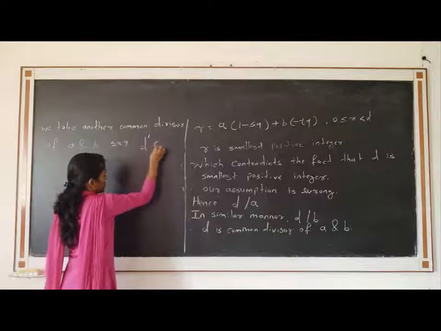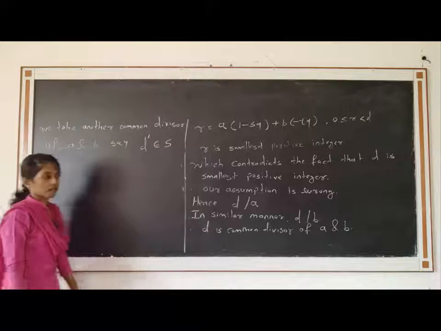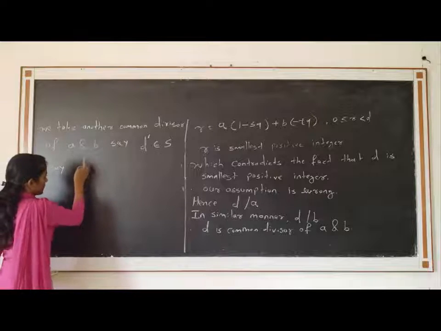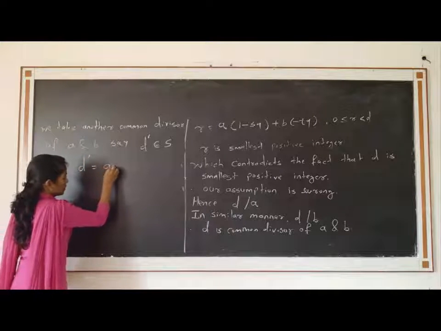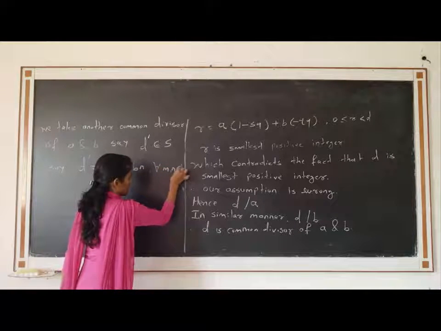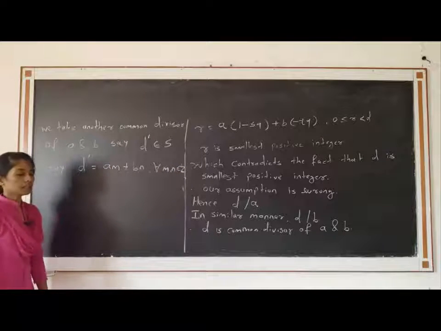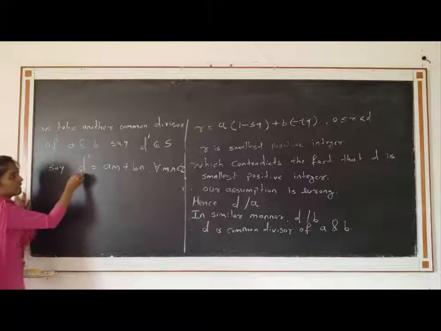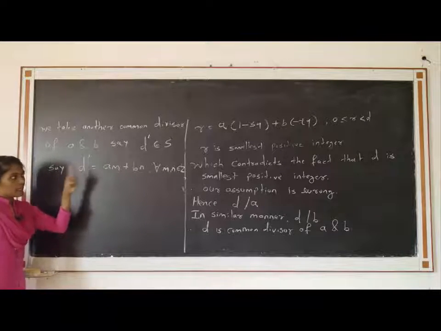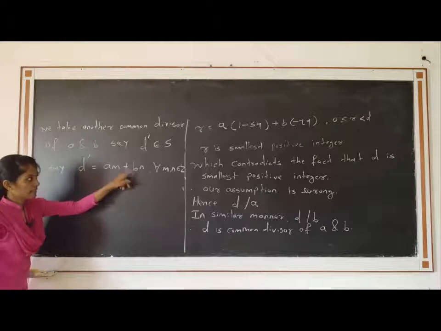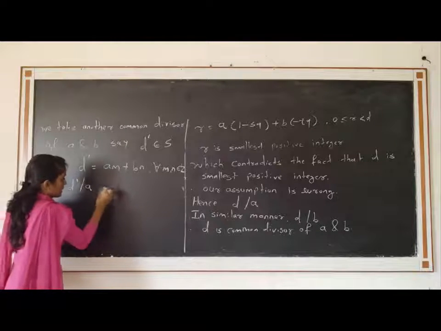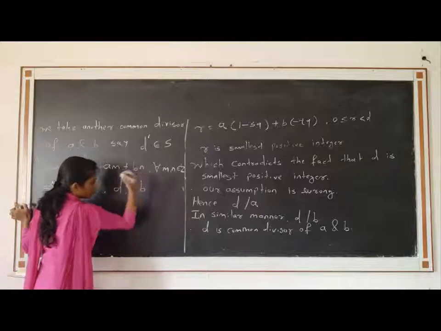Say D dash belongs to set S. Say D dash is equal to AM plus BN for all M and N belonging to the set of integers. Now here D dash is equal to AM plus BN. This implies that D dash divides A as well as D dash divides B.